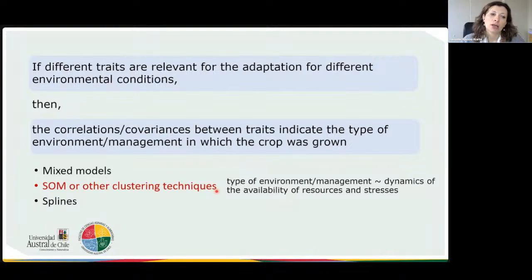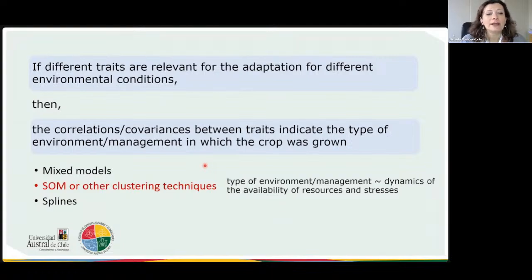So looking at how different traits relate to each other can be helpful. For example, if you have late droughts, flowering time can be of particular interest. Why? Because genotypes that flower early might escape that late drought, whereas genotypes that flower late will encounter drought in the flowering season and then yield will be lower.